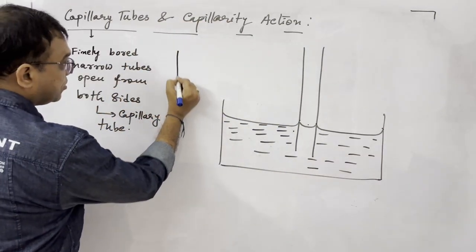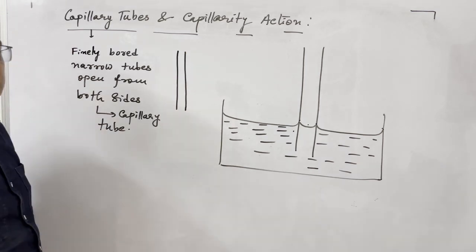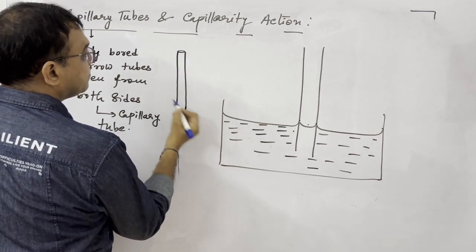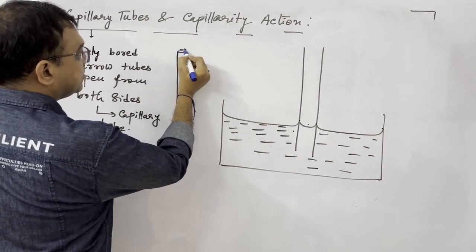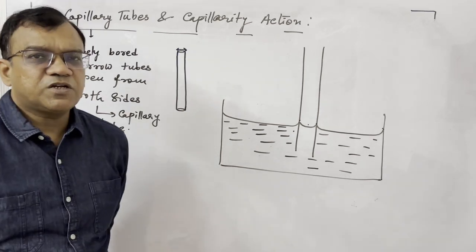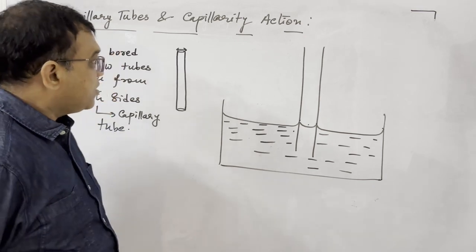Any tube like this is a capillary tube, a cylindrical tube, open from both the ends. And this must be narrow, meaning it has not to be wide. Its radius is approximately of the order of 1 mm, 2 mm, 3 mm.